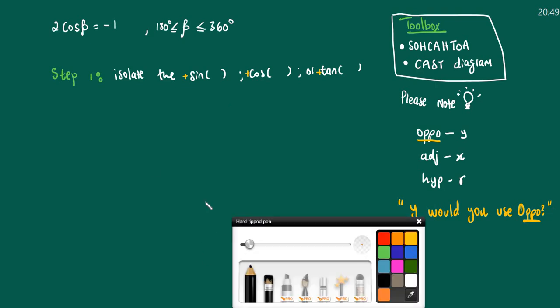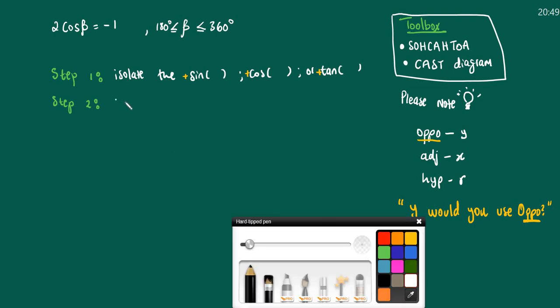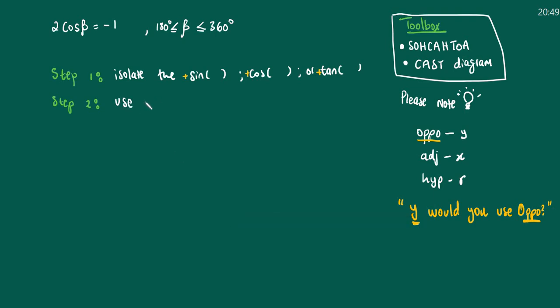Then what is the second step? Step number 2 is to use the restriction to draw an arc.